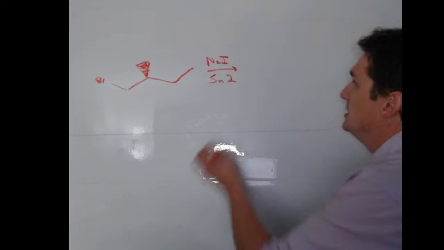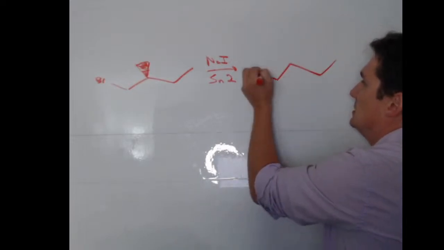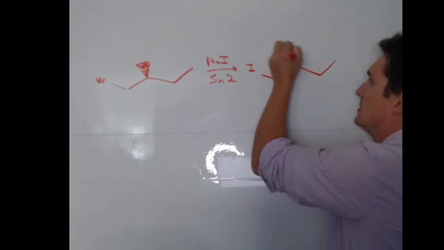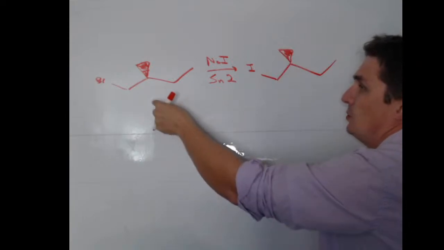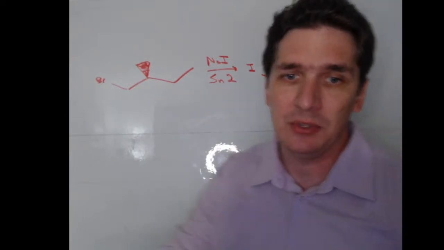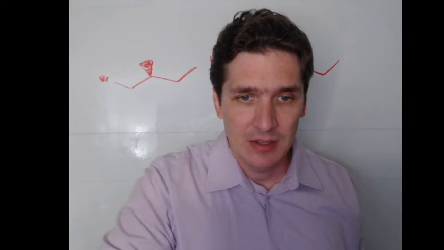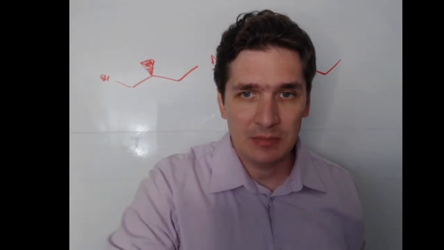So when we do the substitution, we should end up with the 1-iodo-2-methylbutane in the S configuration. So let me switch to the desktop.